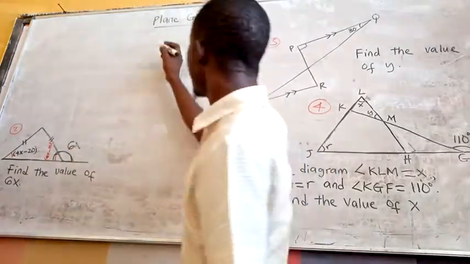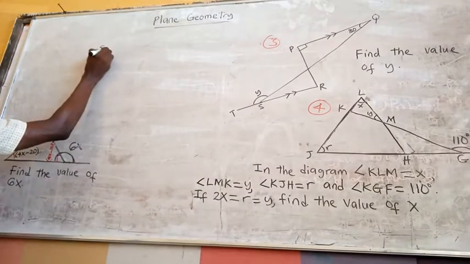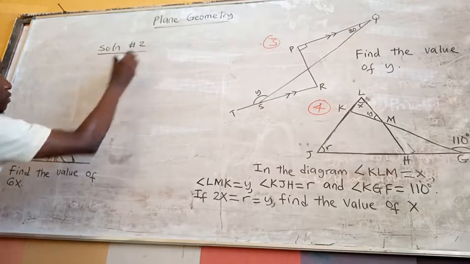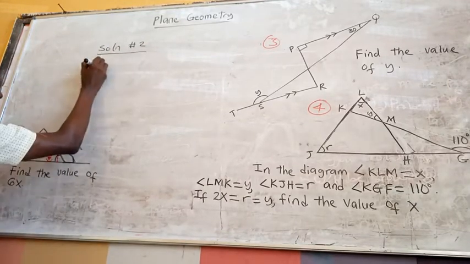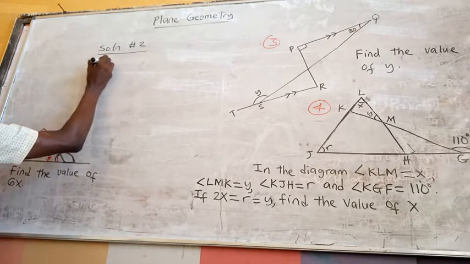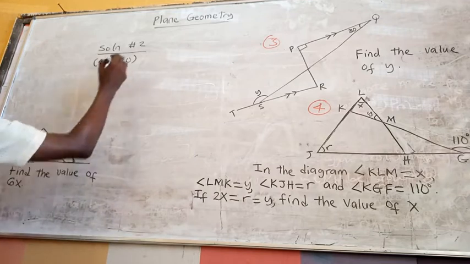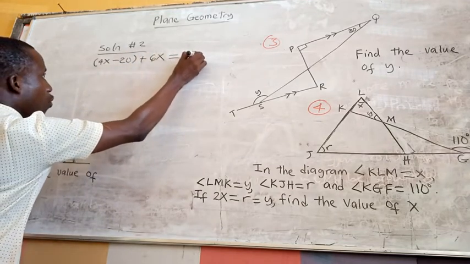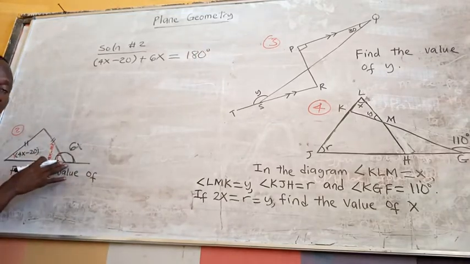Solution number 2: we have 4x minus 20 plus 6x all equal to 180 degrees, because they are angles that lie on a straight line.